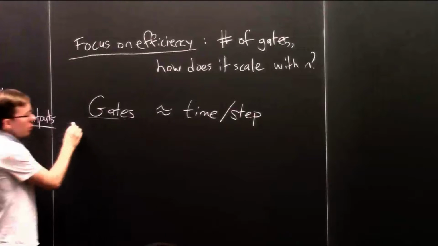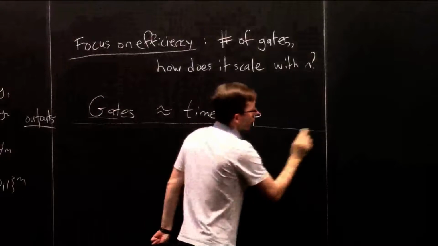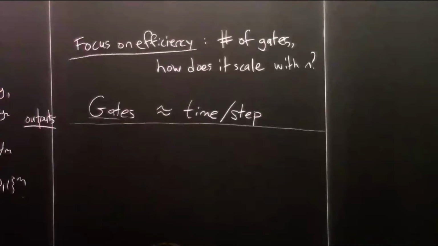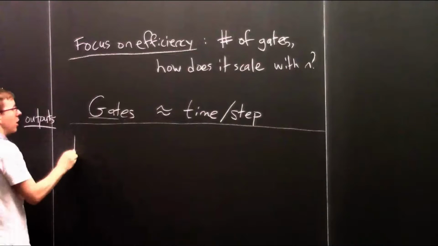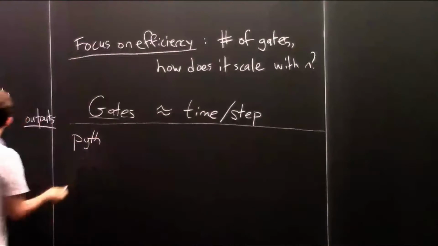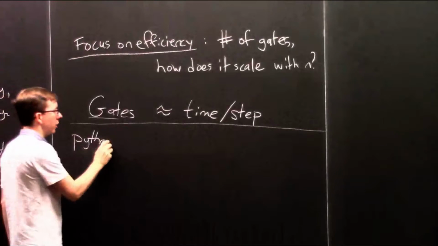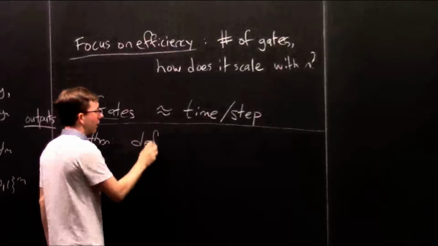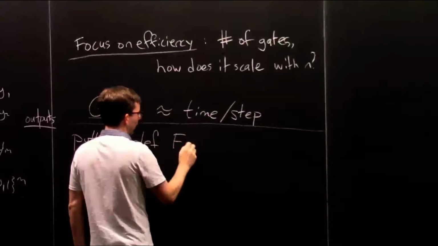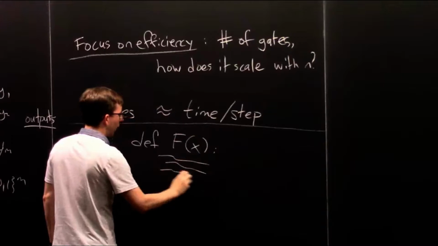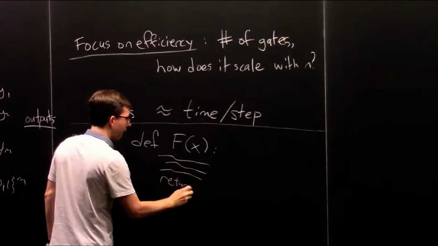Now, when you learn about the basics of theoretical computer science and time complexity, you're probably more used to thinking about this in terms of algorithms and code rather than actual circuits. So you might think, how would I implement a function or some code that computes this function? If it was Python, you might have something like this, with some lines of code, and then finally it returns the answer.